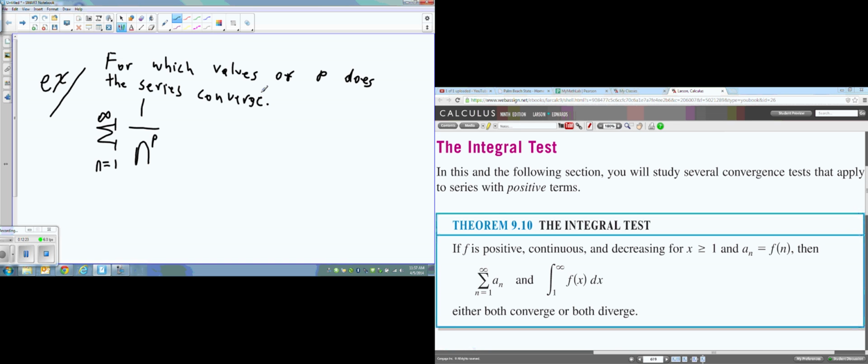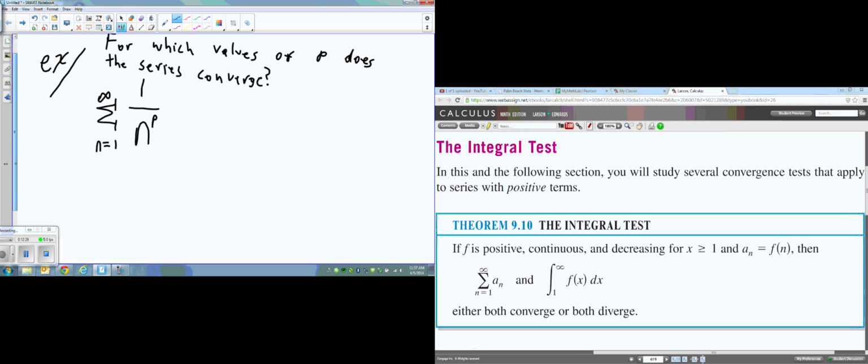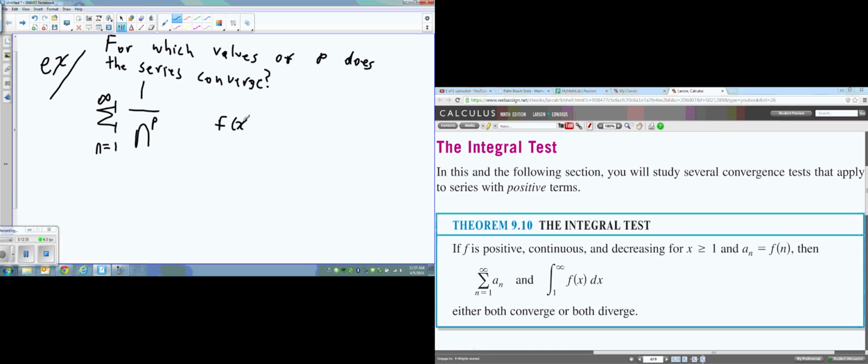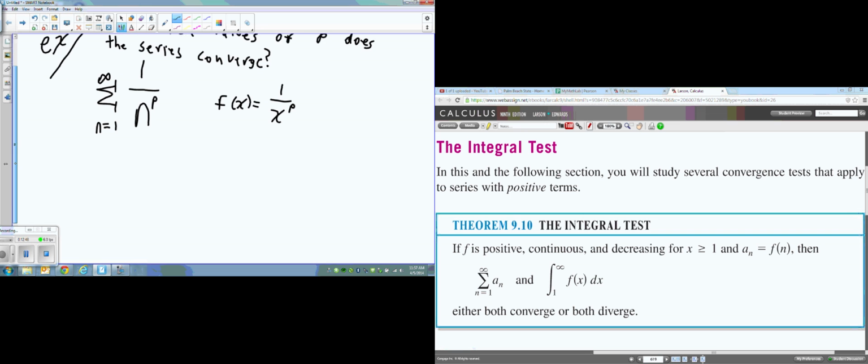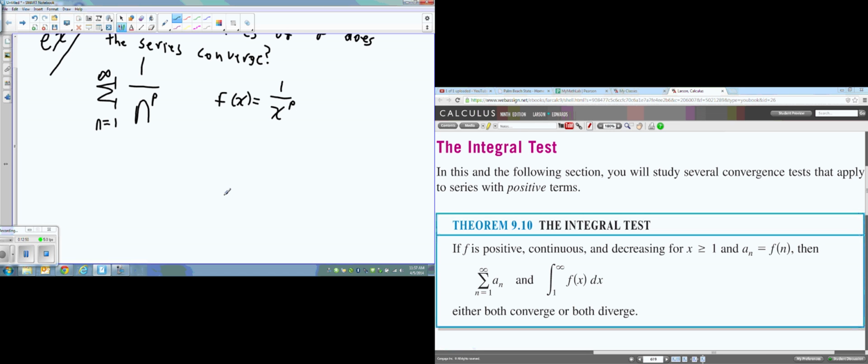I'm going to try to use the integral test to do this, since we just learned the integral test. So the f of x would equal 1 over x to the power of p, where the independent variable is x.